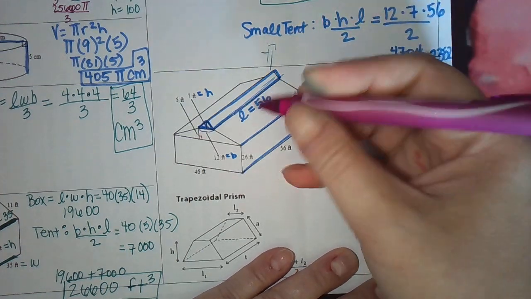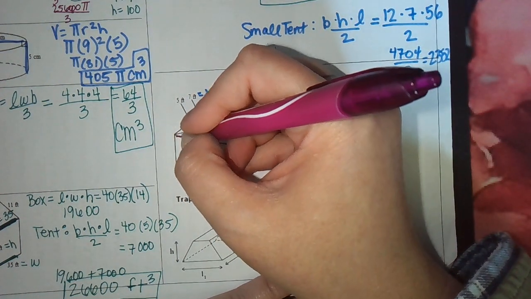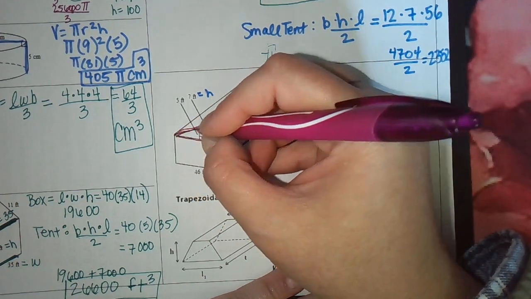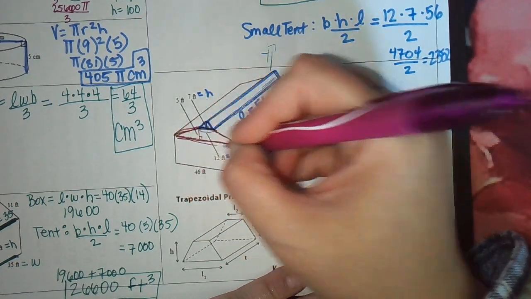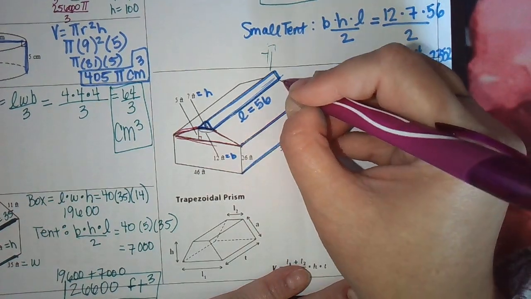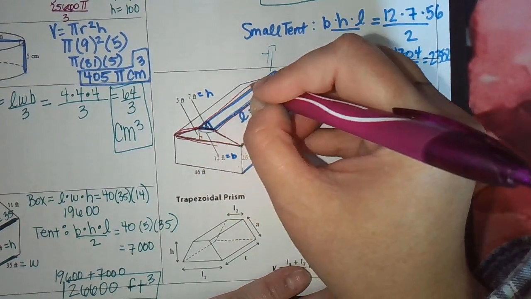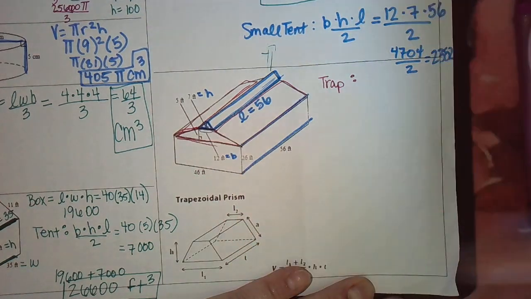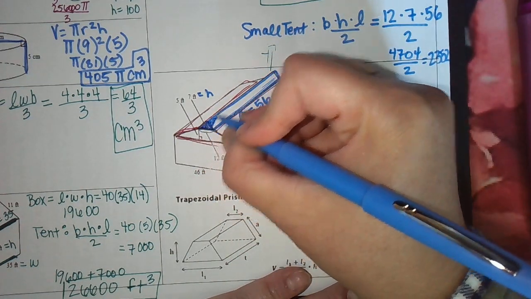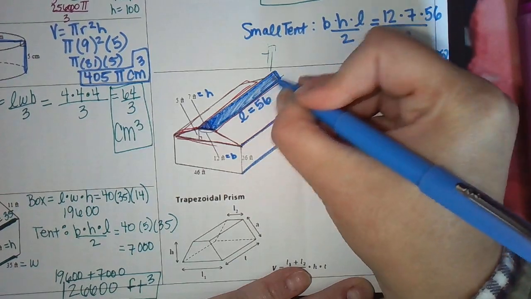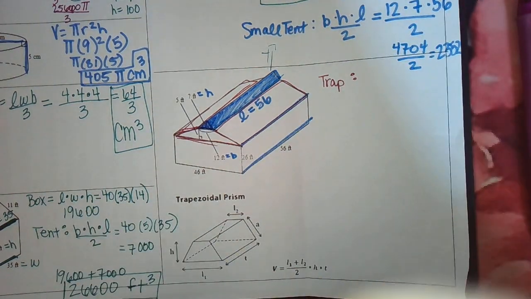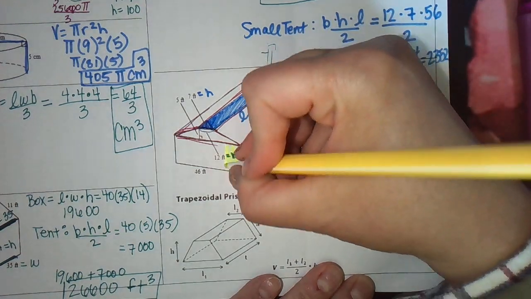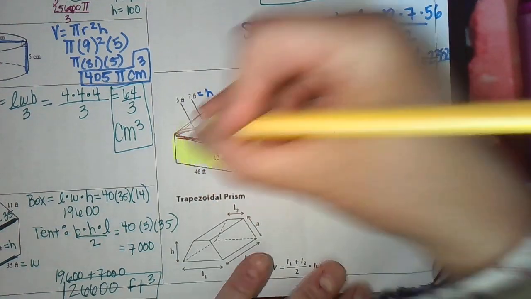prism thing. The trapezoidal prism is this middle shape that's right below that tent, but on top of that rectangular shoebox. So the trapezoidal prism is not this little bitty tent piece, and not this rectangular prism.